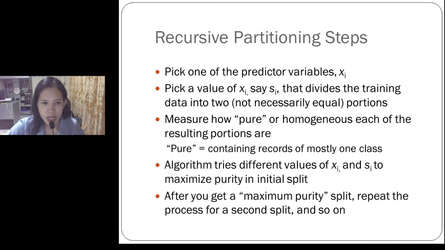Pure here means that it contains records of mostly one class. The algorithm tries different values of x sub i and s sub i to maximize purity in the initial split. After you get a maximum purity split, repeat the process for a second split, and so on.